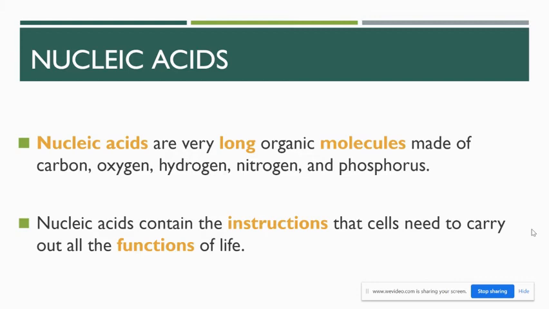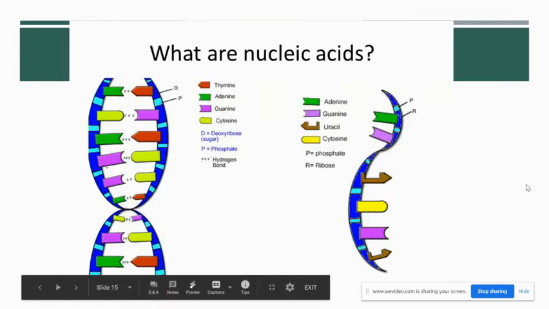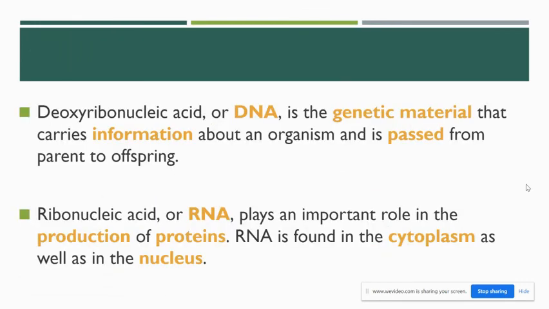And then the types of nucleic acid are deoxyribonucleic acid or DNA, which is our genetic material that gives all our cells the information about the organism. And this is what's passed from parents to offspring.